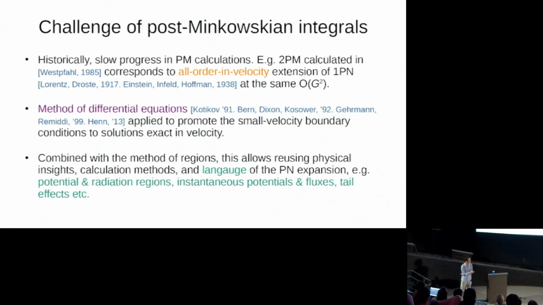However, if you don't need all orders in velocity, if you only need the first few orders in velocity, people in 1917, just 2 years after general relativity was written down, already calculated this first post-Newtonian expansion, also systematized by Einstein, Infeld, and Hoffmann. So historically, this requirement of the exact velocity dependence was a huge burden on calculations.